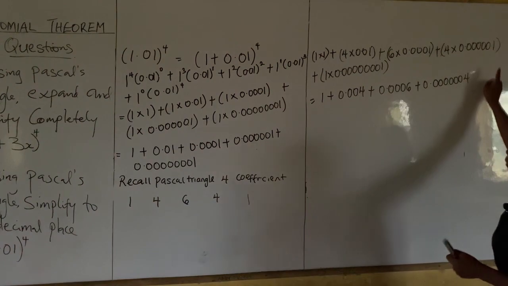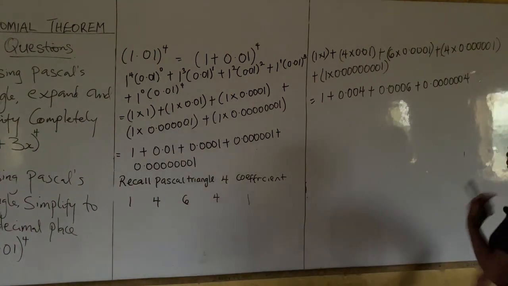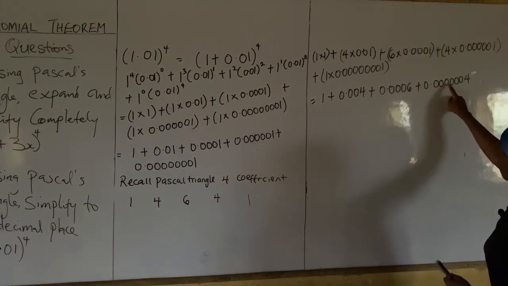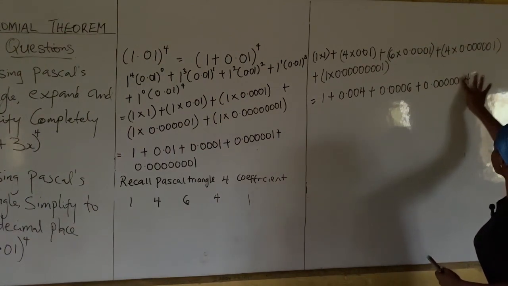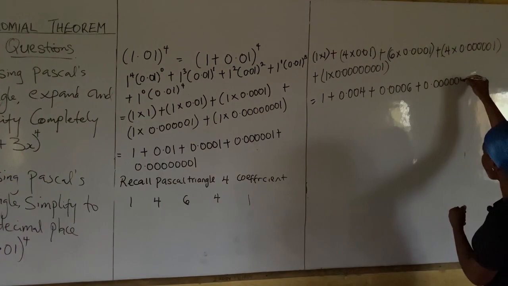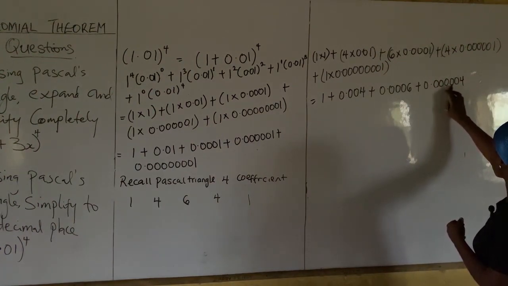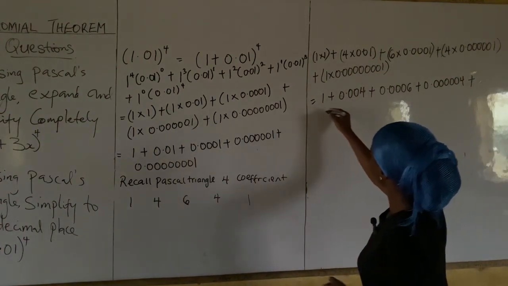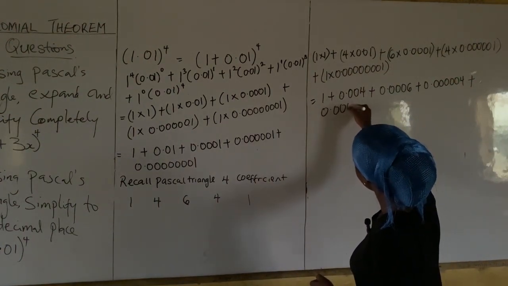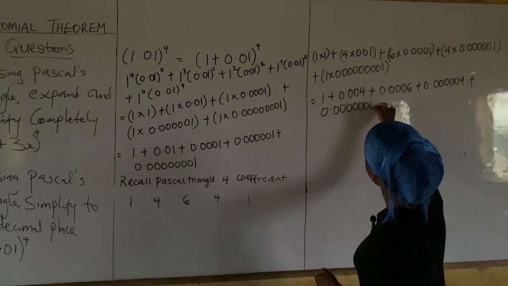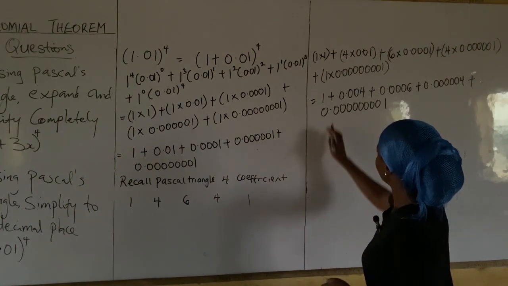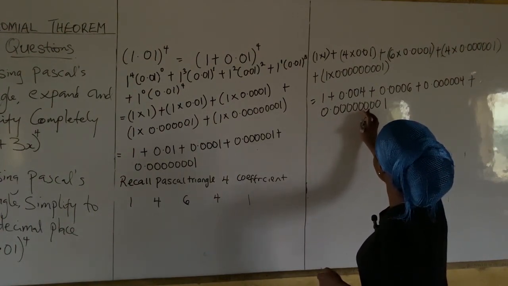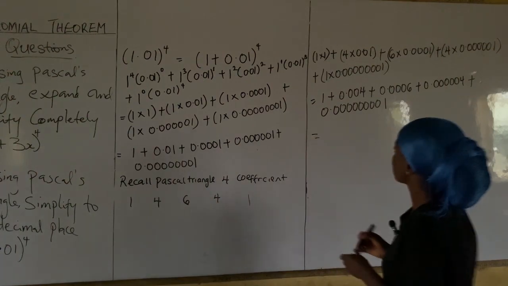Remember, it's raised to power 3, it has to be 6. 1, 2, 3, 4, 5, 6. You can see I'm even doing mistakes, so you have to be very, very careful. So the next one, 1 times this, that's raised to power 8.